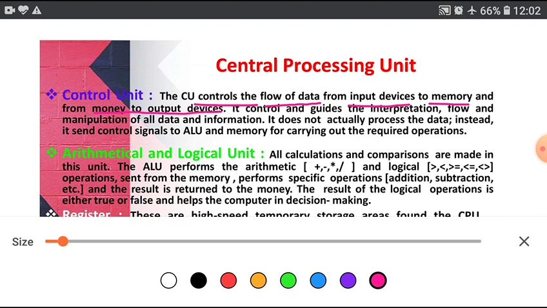It controls and guides the interpretation, flow and manipulation of all data and information. It does not actually process the data. Instead, it sends control signals to ALU and memory for carrying out the required operation.